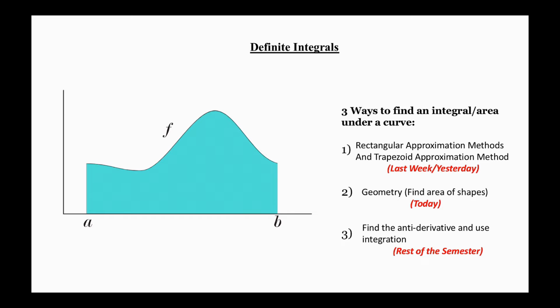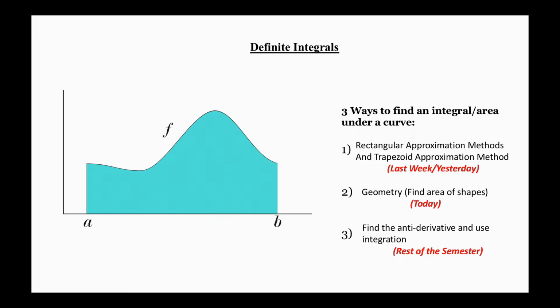It's easy when it's shapes, but when it's kind of a blob thing, it's very hard to find the exact area. It's not hard, but it's more difficult. That's what we use integration for. That's the purpose of integration: finding area for things that are not nice and pretty shapes.